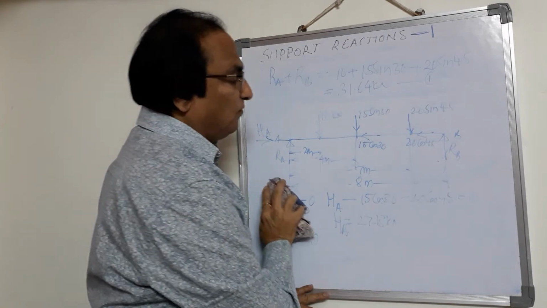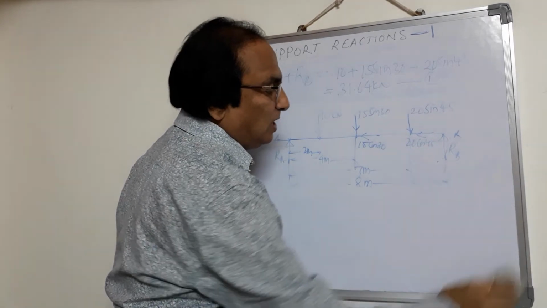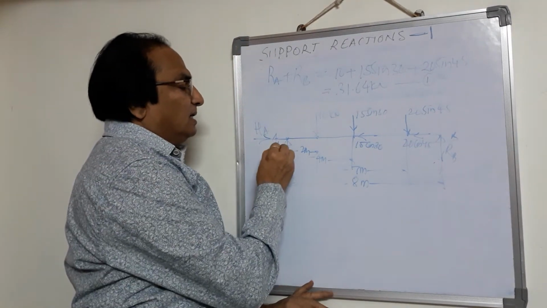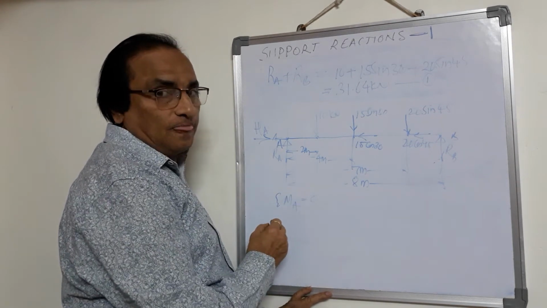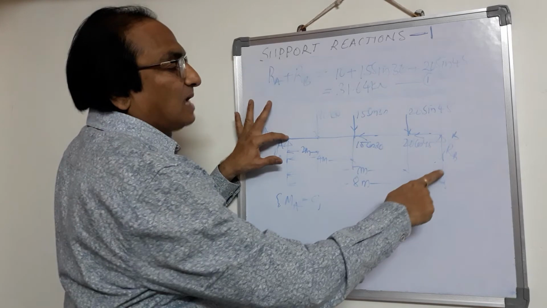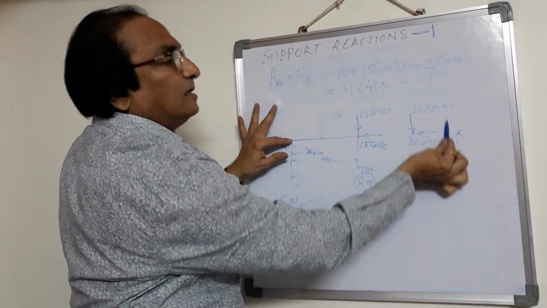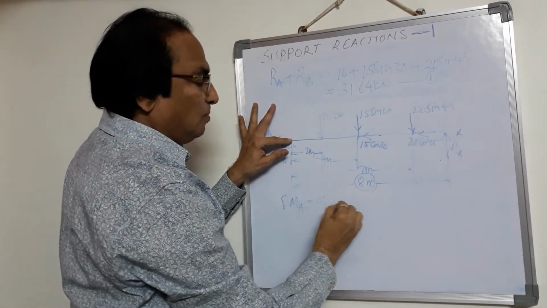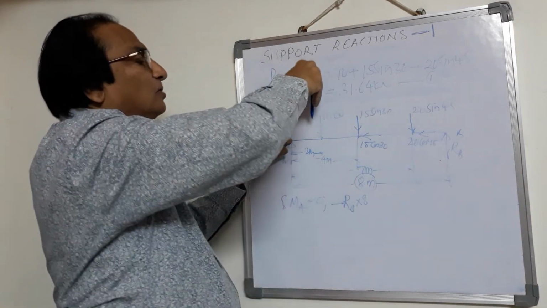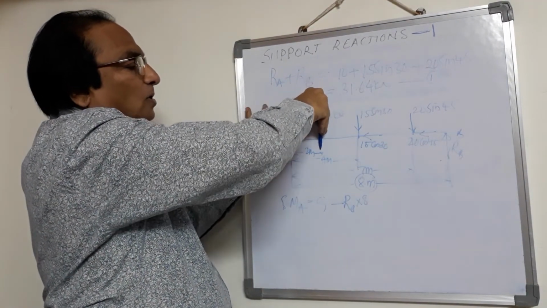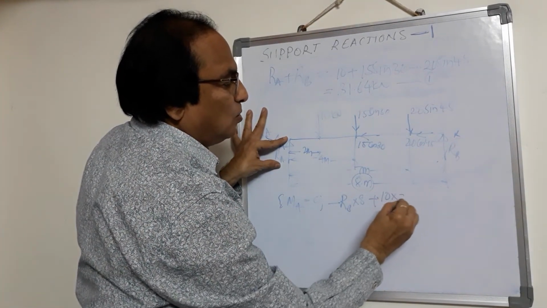Now let us go for the third equilibrium condition. It states that the moment about any point in the beam must be equal to 0. Let us take moment about A. So sigma MA must be equal to 0. If I begin with this RB, perpendicular distance is 8 meters and it will rotate in anti-clockwise direction. So minus RB into 8. Then you will come to 10, perpendicular distance is 2, this will rotate in clockwise direction, so plus 10 into 2.